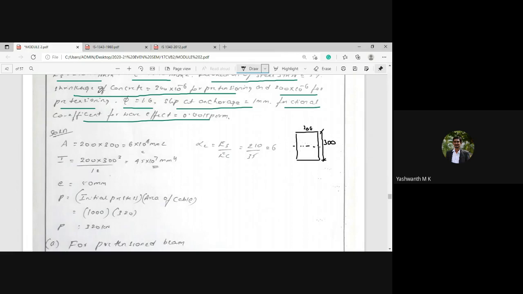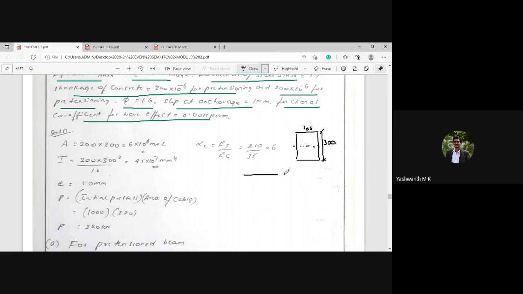For this, first let us calculate the cross-sectional area, which is essential. 200 multiplied by 300, that is 6 into 10 to the power of 4 millimeter square. Next, we require moment of inertia, that is I is equal to, for a rectangular section we know the formula BD cube by 12, that is 200 multiplied by 300 cube by 12, which is 45 into 10 to the power of 7 millimeter to the power of 4. And the next, eccentricity, which is 50.